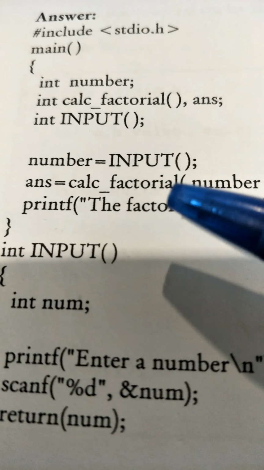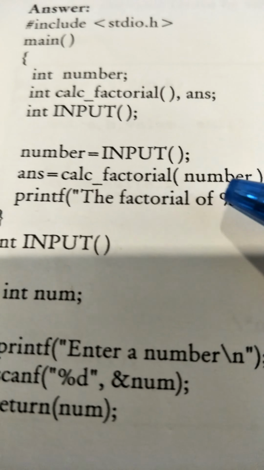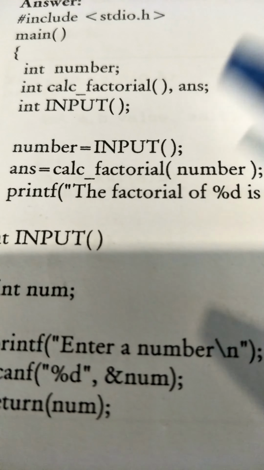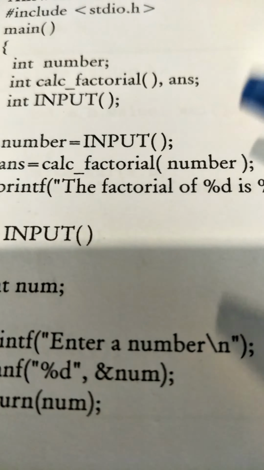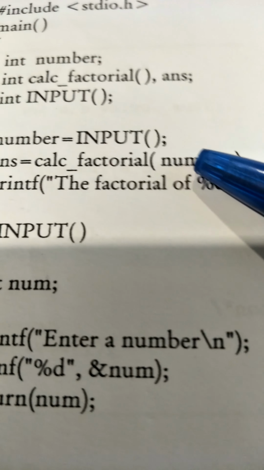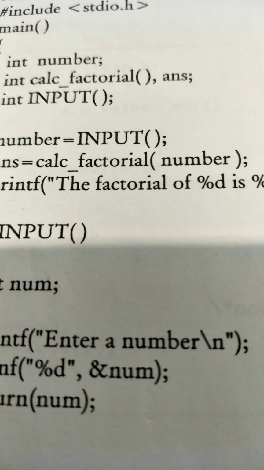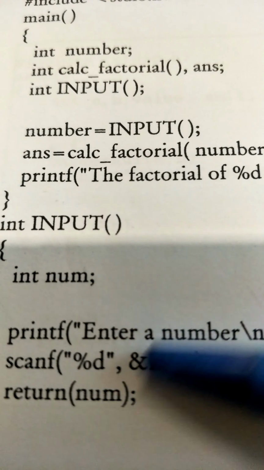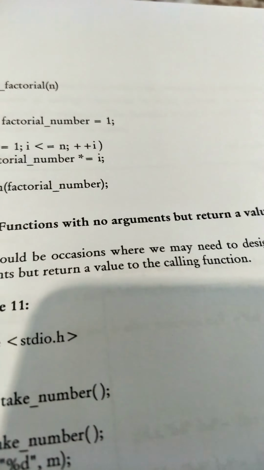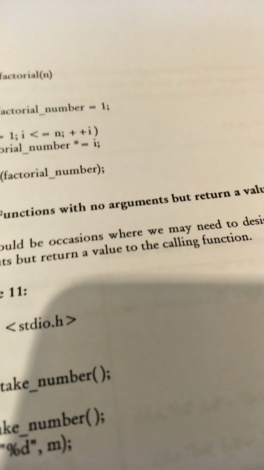The second one is a function with argument and return value. This one has no argument, return value. This one has argument, return value. So two different cases but given the same procedure. Now specifically we have here a function with no argument but a return value.